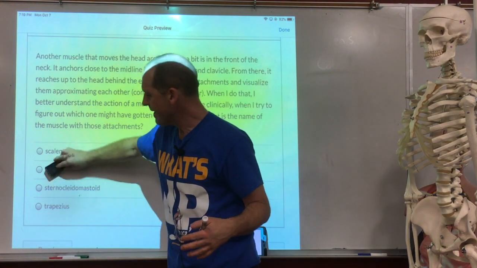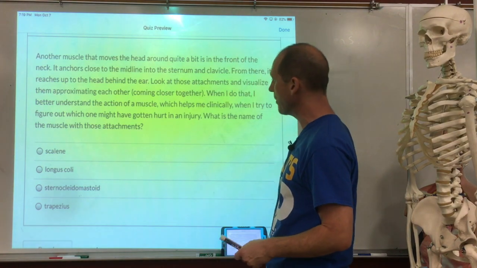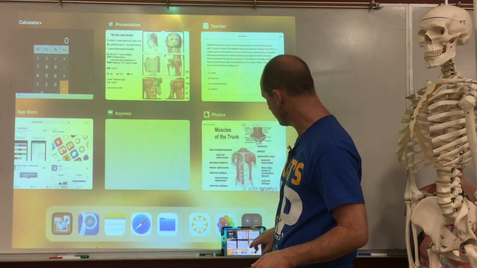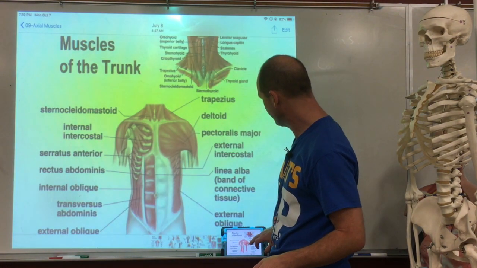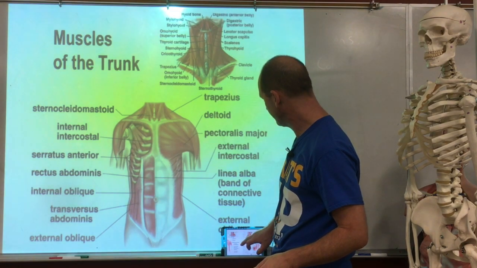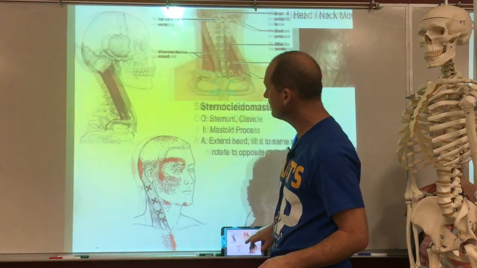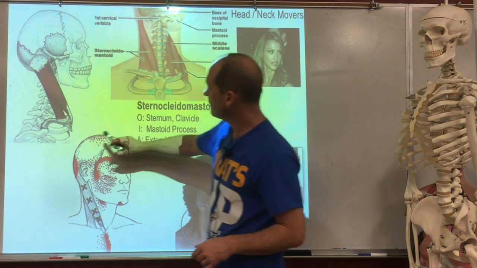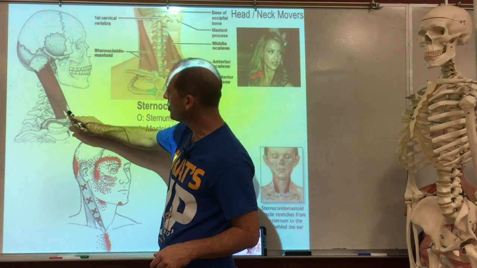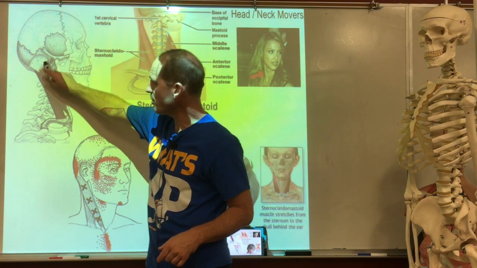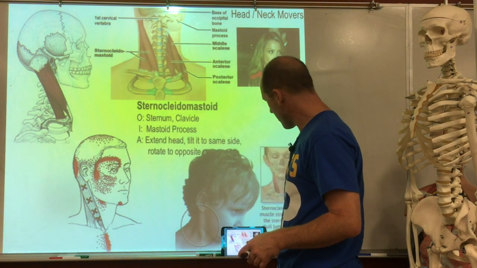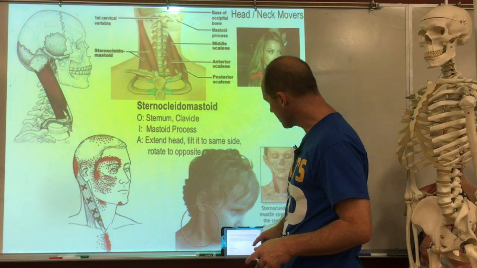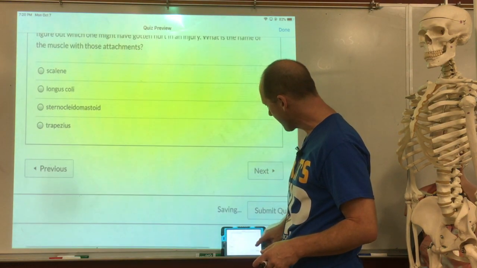I have to do that when I try to study the stuff a little deeper. So let's look at the picture. There we go. There, clavicle, sternum, and then it reaches up. Pretty broad attachment. So these are two fairly superficial muscles that move the neck around.